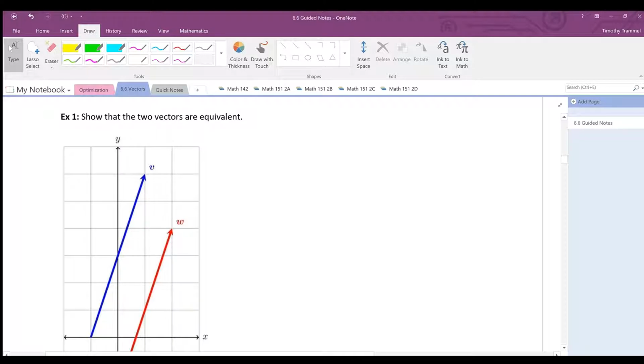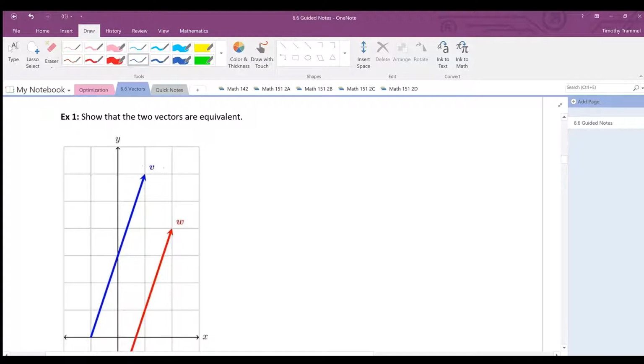And so here is an example. It says show that the two vectors are equivalent. Let's start off by working with that blue vector.